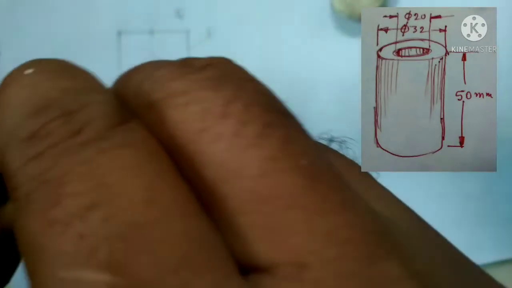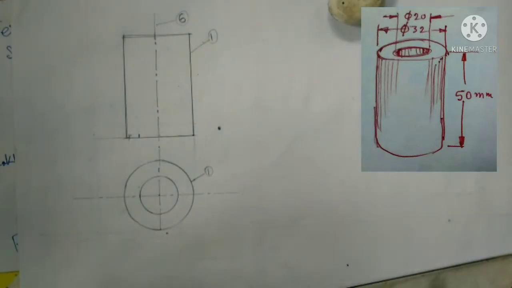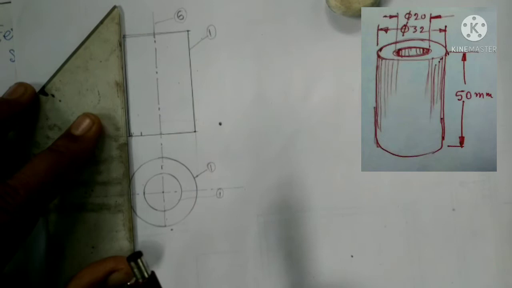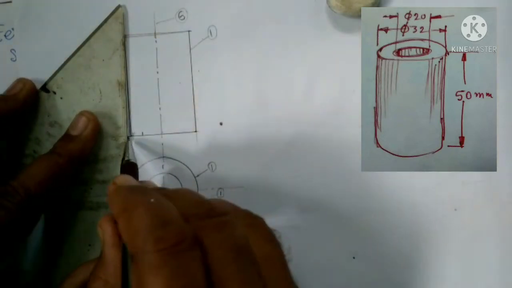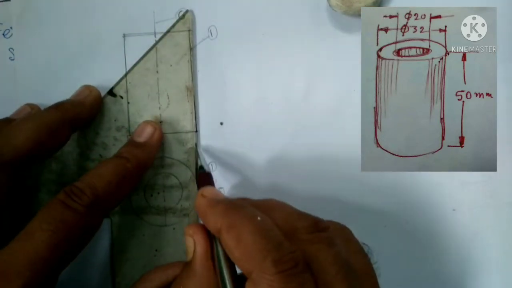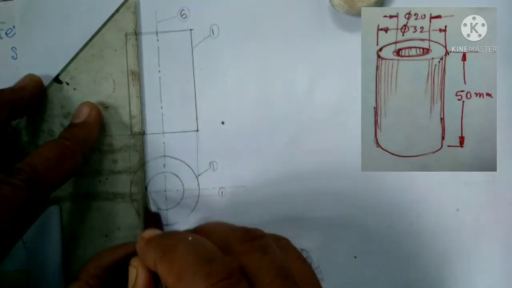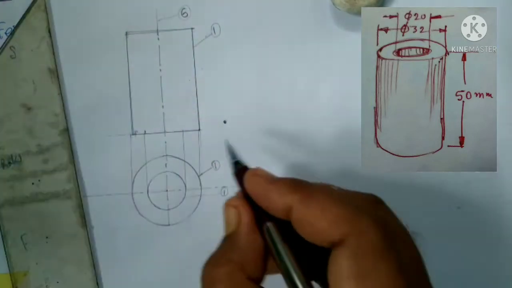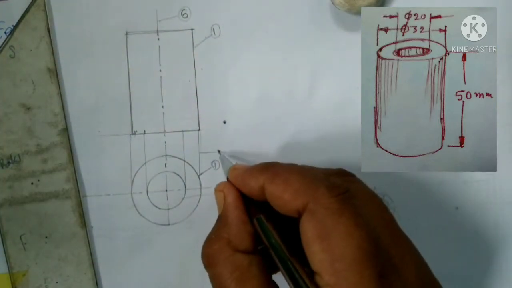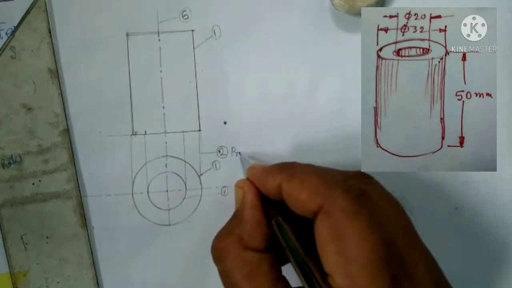Draw a small circle for the hollow part. Use the diameter 20, that means the radius will be 10 millimeter. Number 2 is the projection line, which is a continuous thin line.